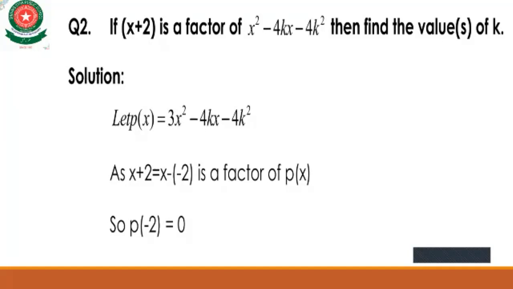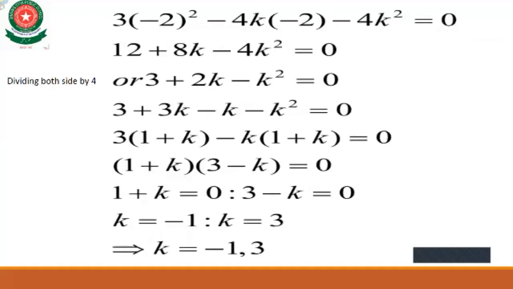Simply, you can say put x plus 2 equal to 0, then by shifting, the value of x is equal to minus 2. By putting x equal to minus 2 in the given polynomial expression: 3 into minus 2 square minus 4k into minus 2 minus 4k square.